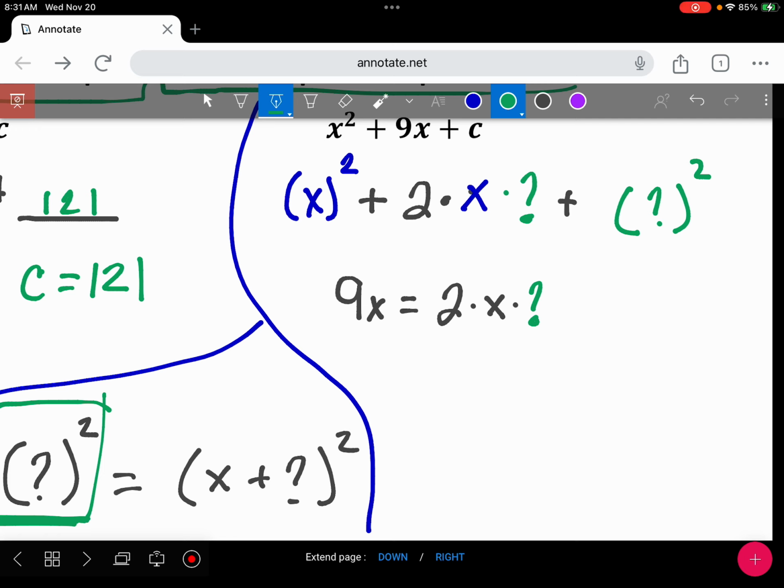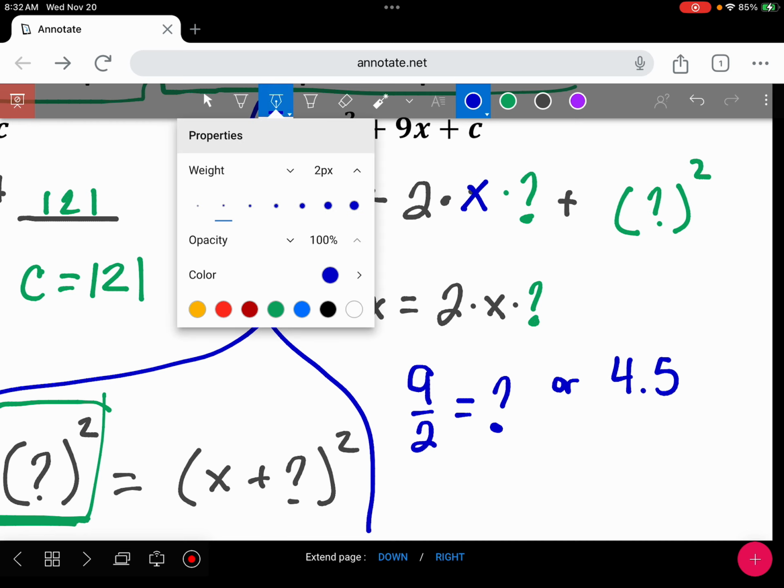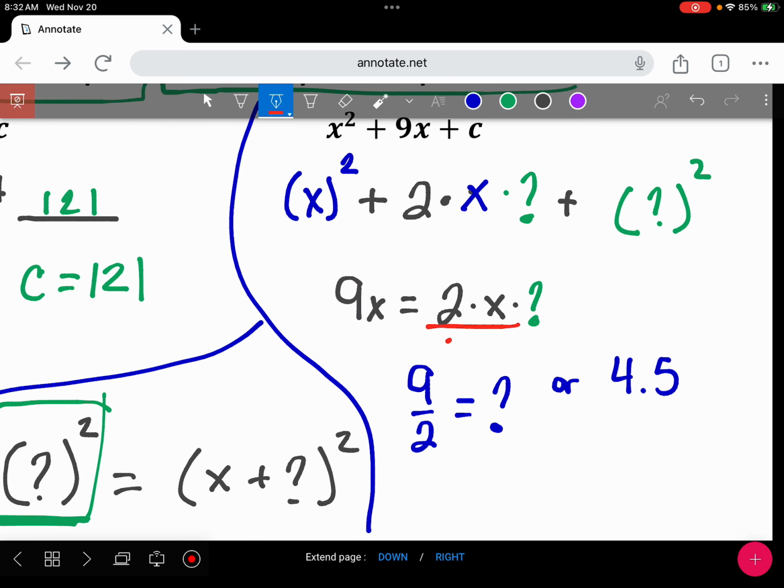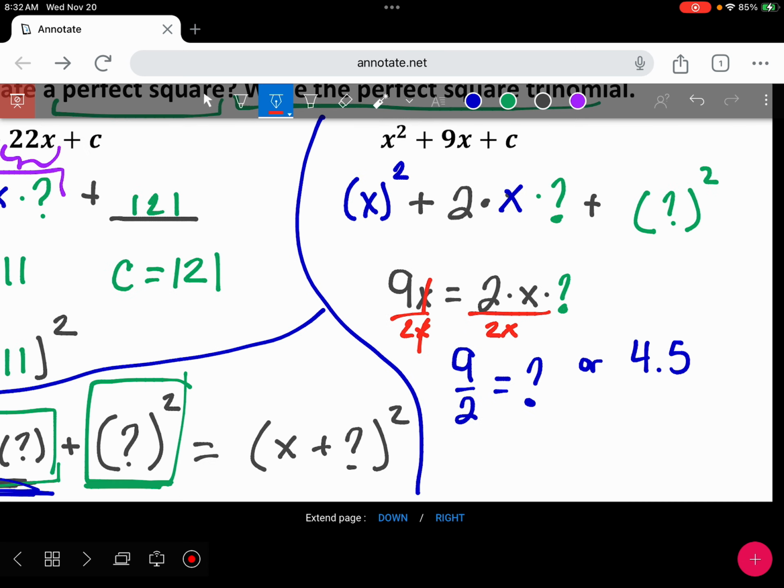If you set it up as this little baby equation and get my question mark by itself, divide both sides by 2 times x, we wind up with 9 halves equals our question mark. Or as a decimal, it's 4.5. The x's cancel out. So the question mark piece is 4.5.